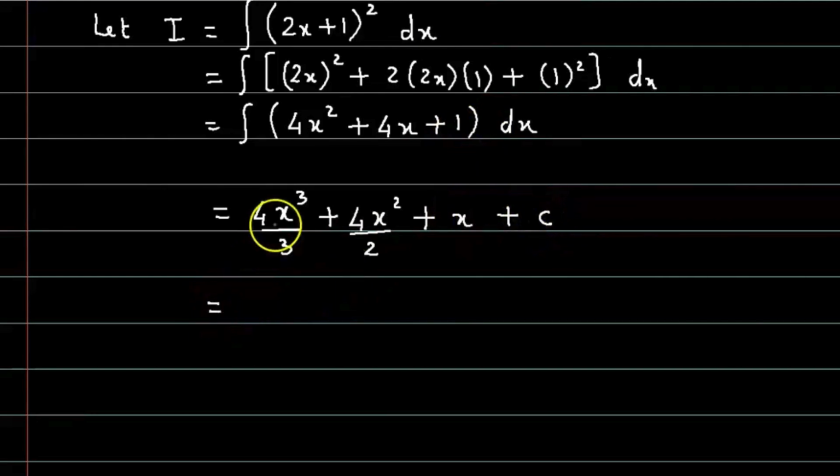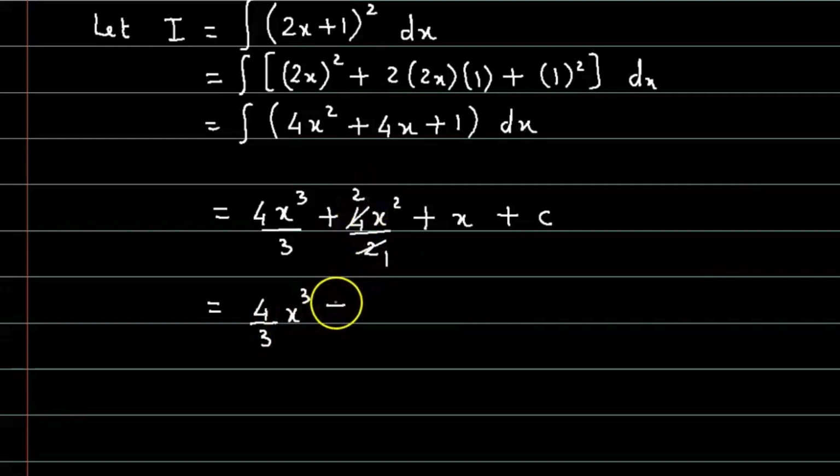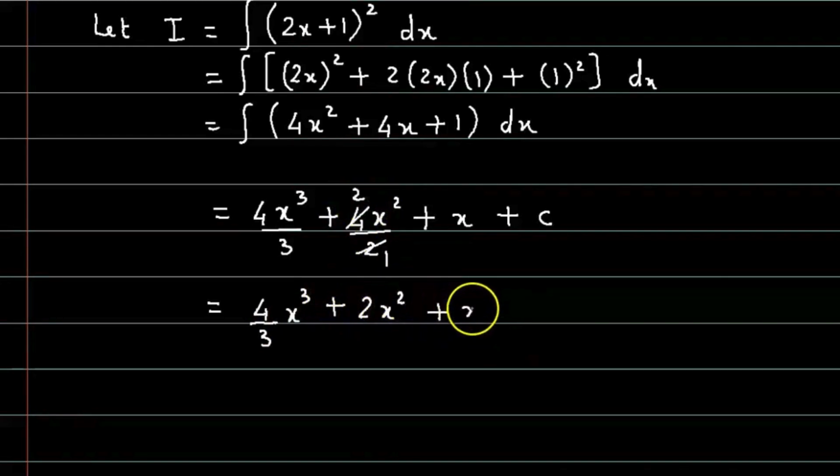This could be further written as 4 by 3 times x cube, 2 1s are 2, 2 2s are 4, so we have plus 2 times x square plus x plus c.